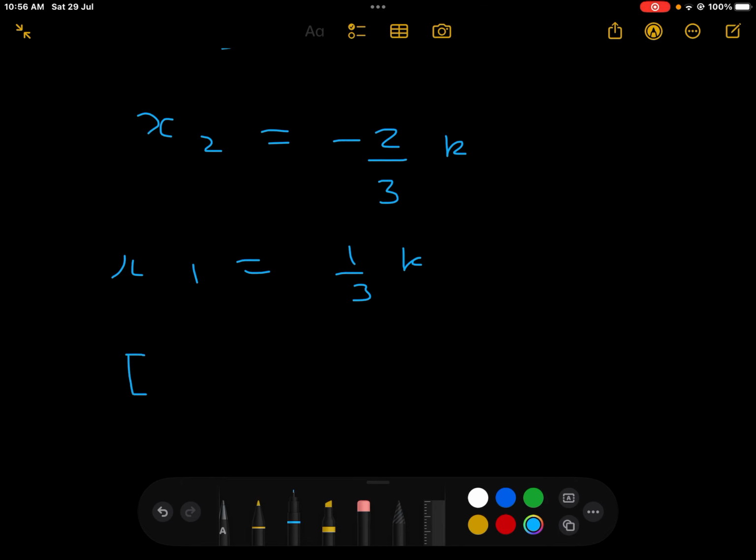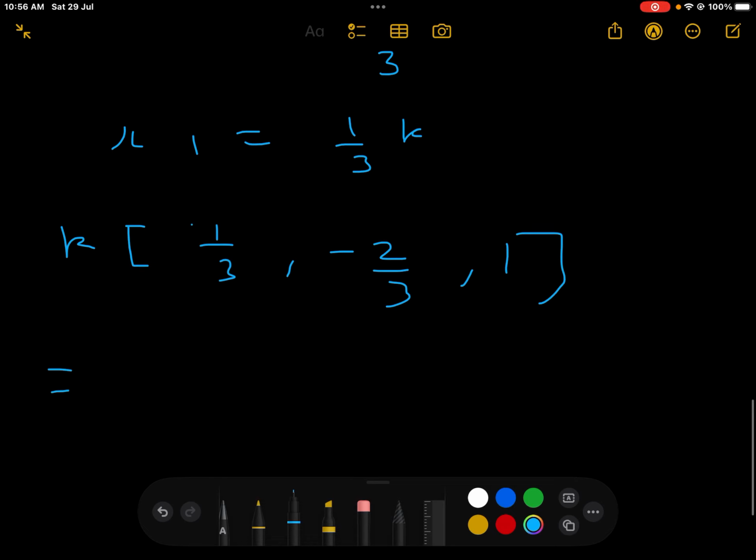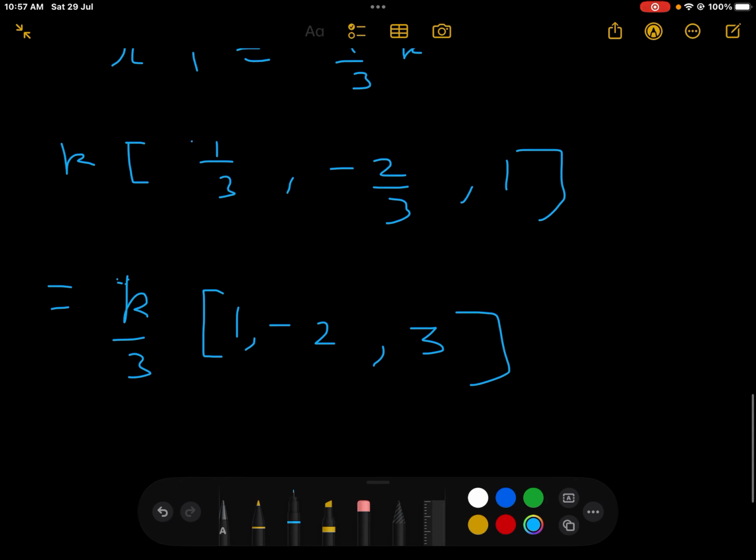So our solution set is k times 1 by 3, minus 2 by 3, 1, and we can also write this as 1 by 3 times 1, minus 2, 3, by taking 3 common outside. So this is our kernel.